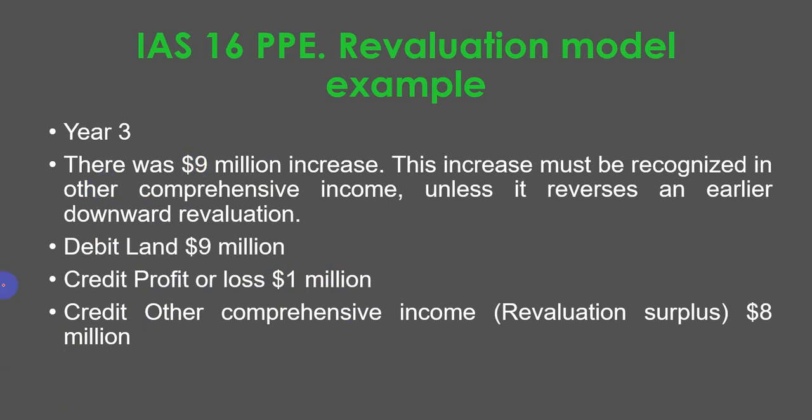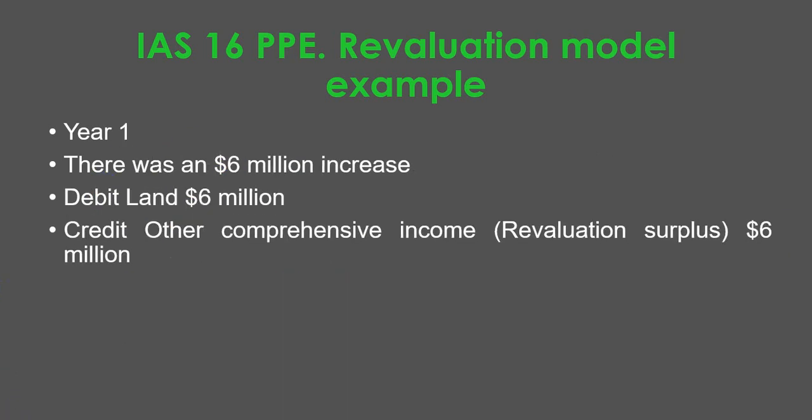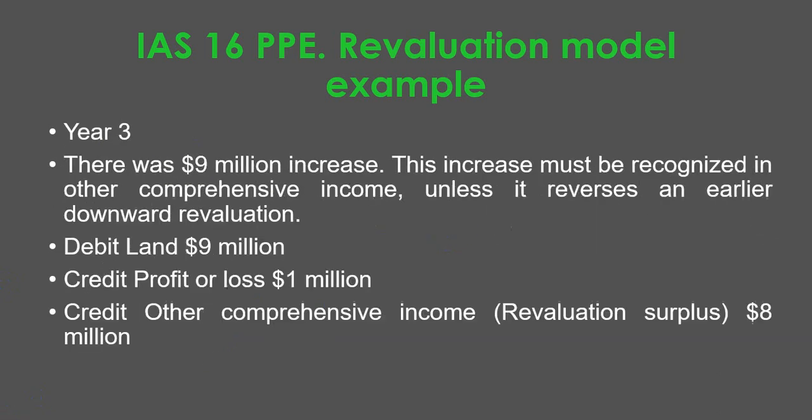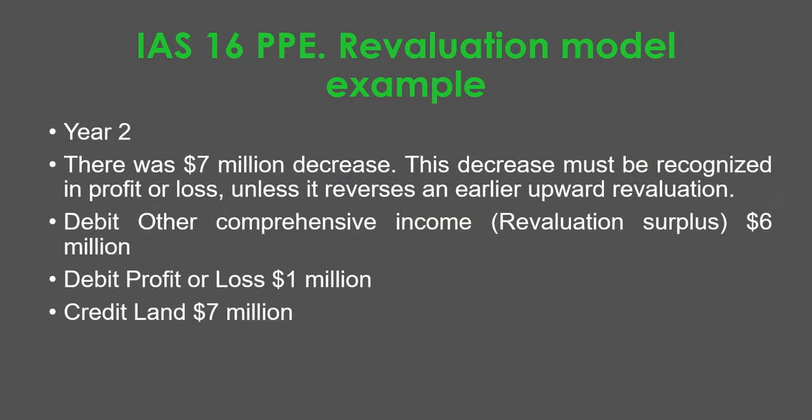So, and year 3. In year 3, as you can see, we have a 9 million increase from 14 million to 23 million. So, in year 3 there was a 9 million increase. This increase must be recognized in other comprehensive income unless it reverses an earlier downward revaluation. And actually in year number 2 we had a downward revaluation which was recognized in profit or loss of 1 million here.